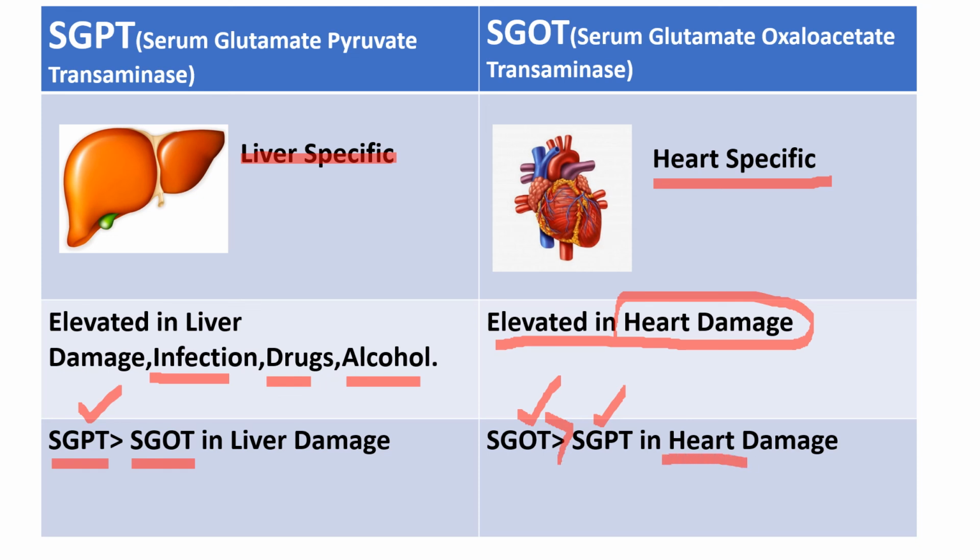It means that the patient has heart damage. This is a practical topic and we will discuss it separately in the practical also. This is about SGPT, SGOT and the transamination reaction.